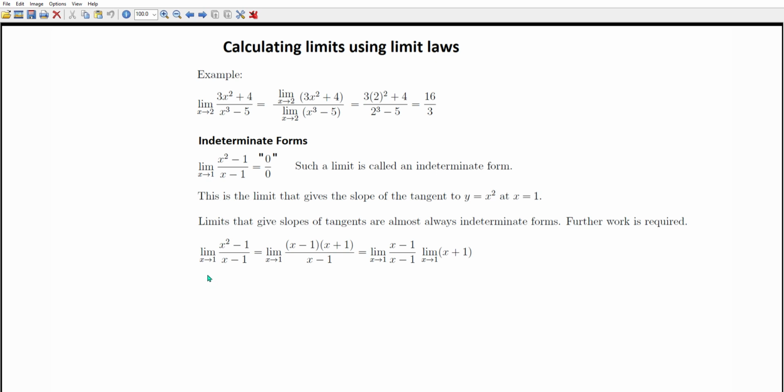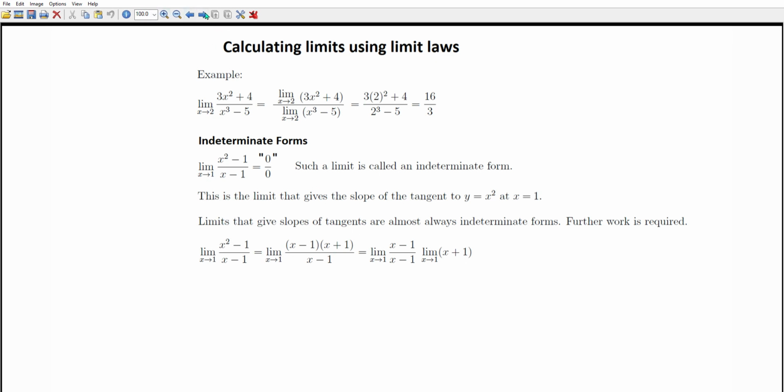Here, the thing to do is to realize that the top factors. We do that, and now we're going to write this not as a quotient, but as a product. The product is the limit of x minus 1 over x minus 1 times x plus 1.